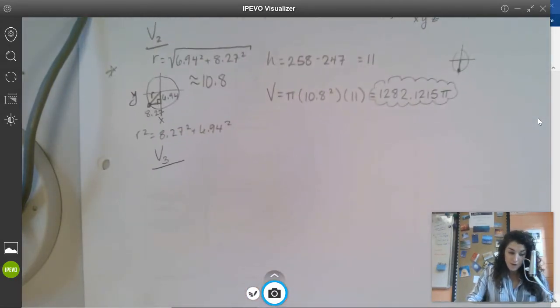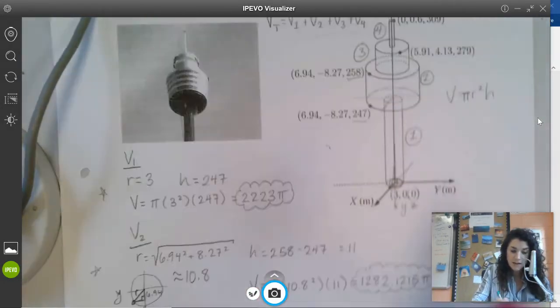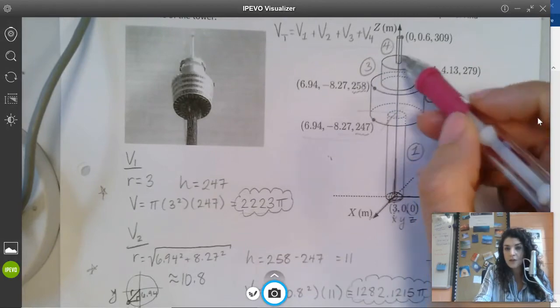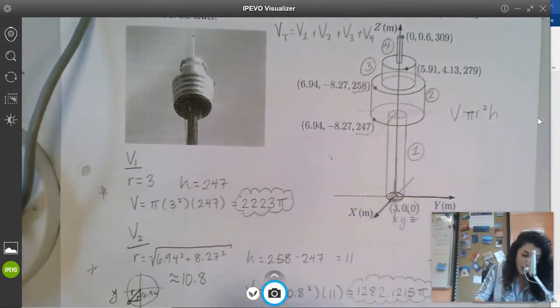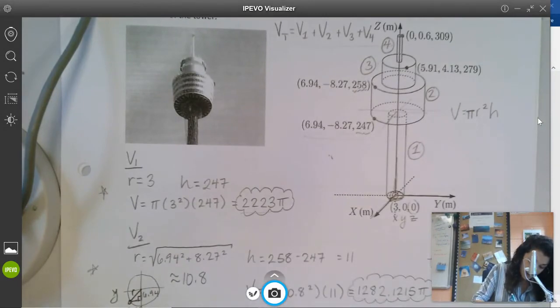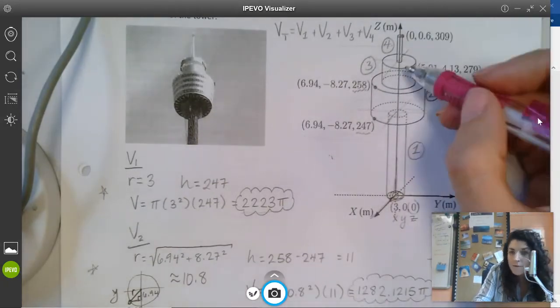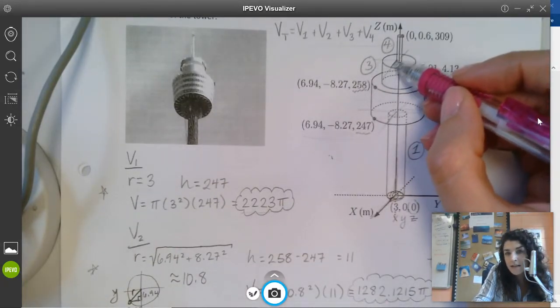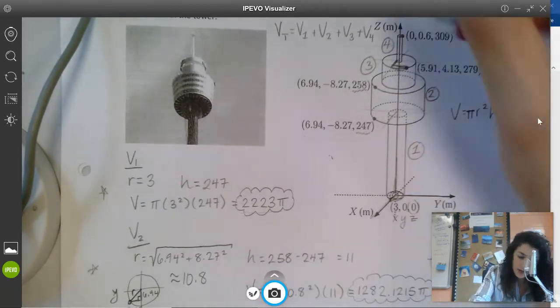The third volume. I would like for you to try and find the radius of our third cylinder on your own. Okay, so thinking about that circle with the X and Y axes going through it, we went 5.91 in this direction, and then we went 4.13 in that direction.